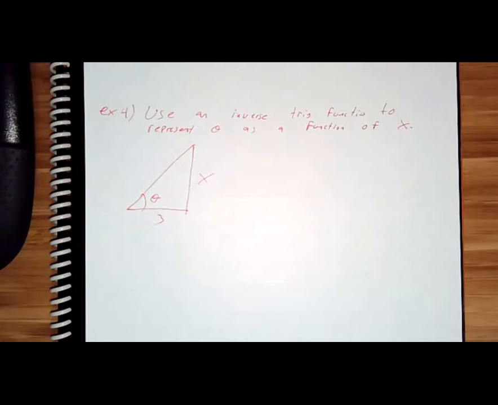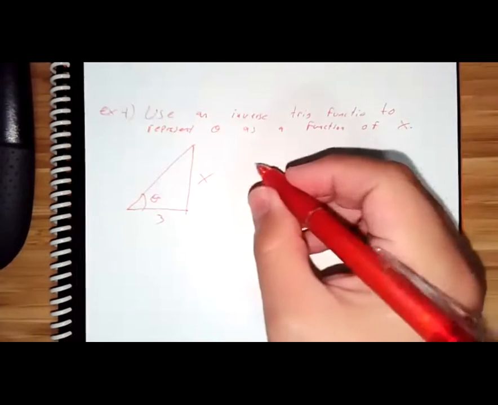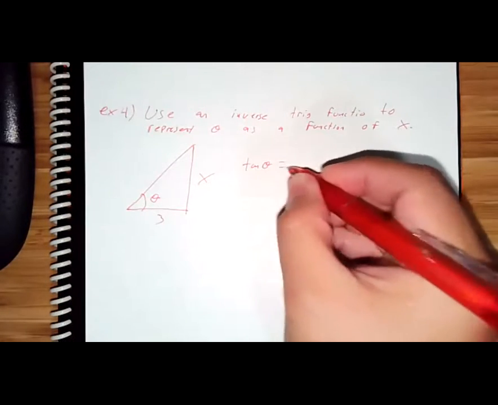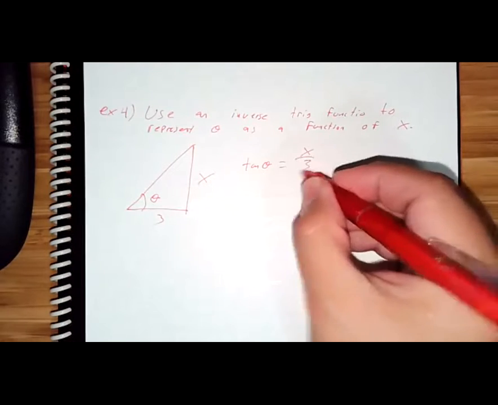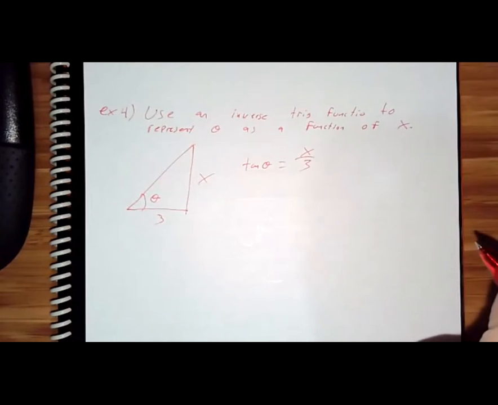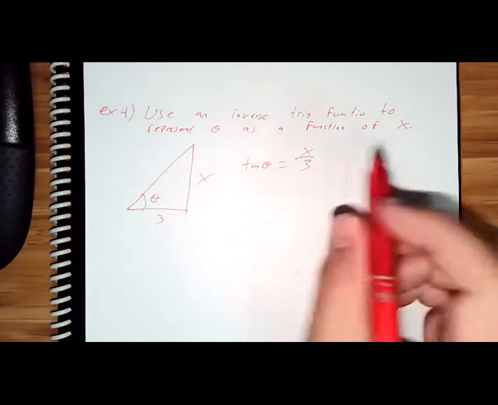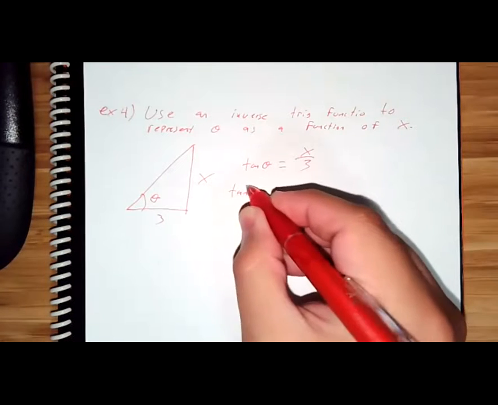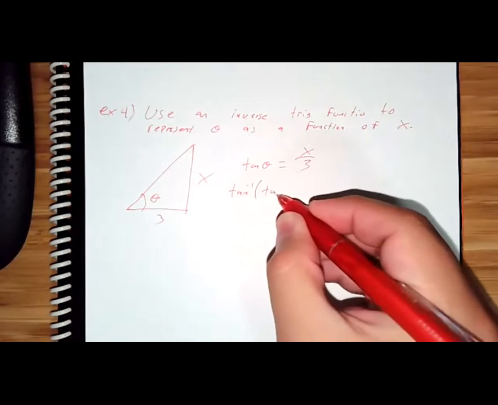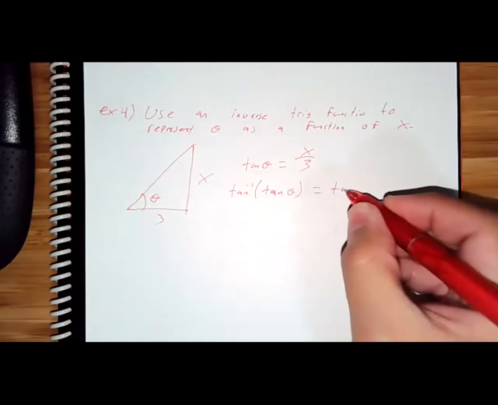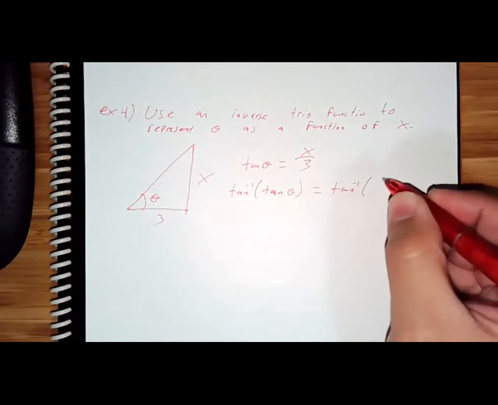So there's two ways you can think about it. I think the easiest way is to create the tangent function first, because we know tangent of theta is equal to opposite over adjacent, right? That part's clear. So if you want to solve for theta, you'd have to cancel the tangent. So you would have to use tangent inverse of both sides to cancel tangent. Remember we wrote those definitions at the beginning?